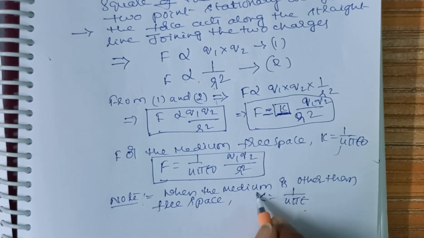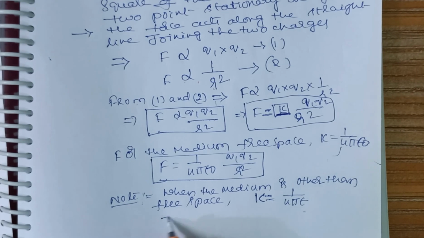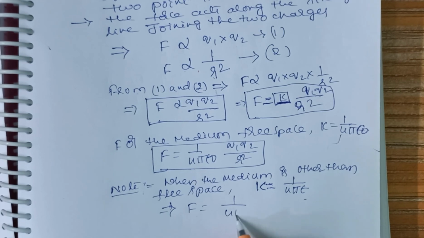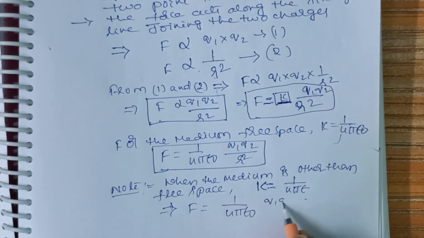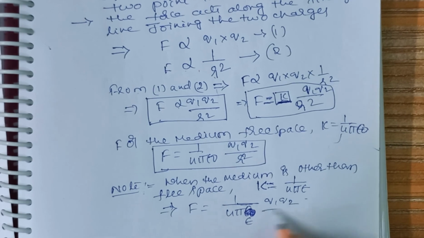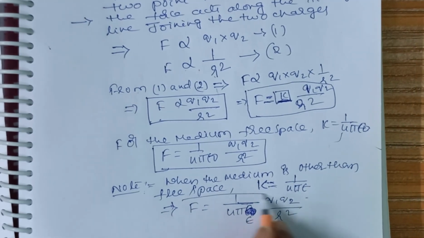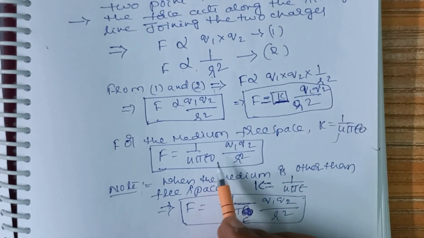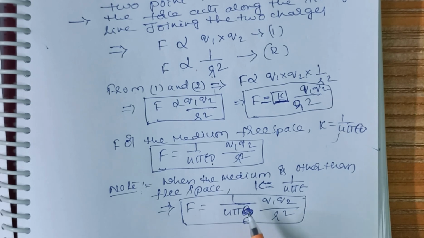Then the formula for Coulomb's inverse square law is written as F is equal to 1 by 4 pi epsilon Q1 Q2 by r square. So when the medium is free space, k is taken as 1 by 4 pi epsilon naught. Other than free space, k is taken as 1 by 4 pi epsilon.